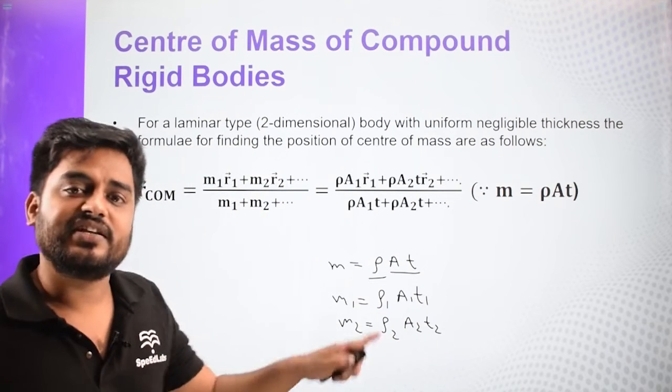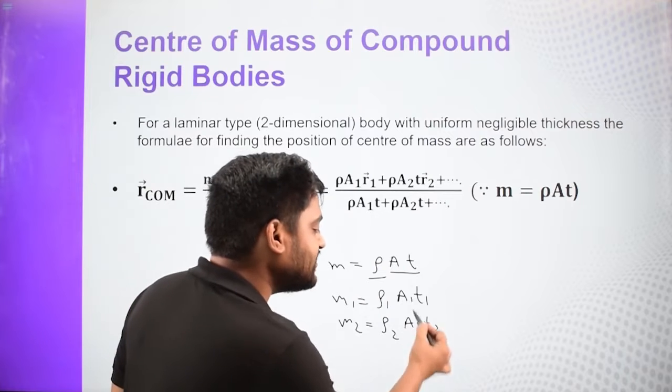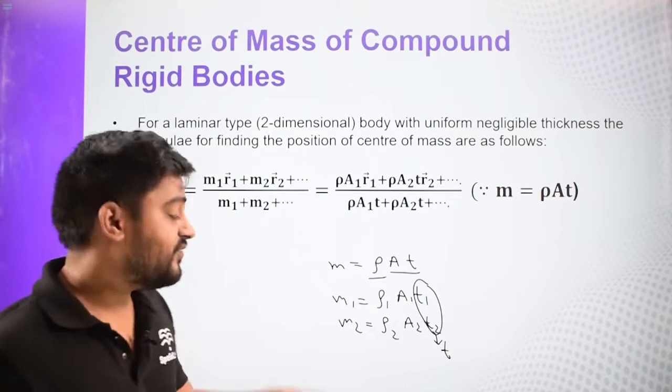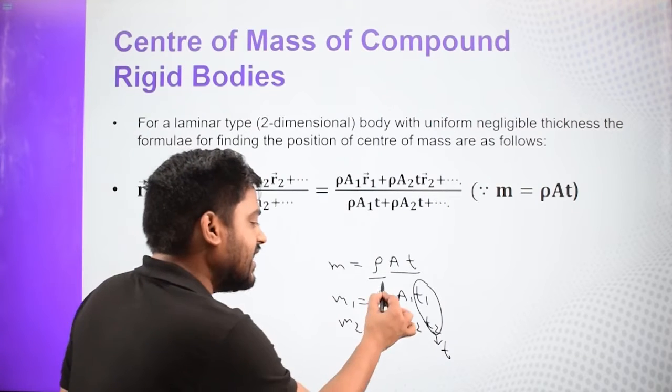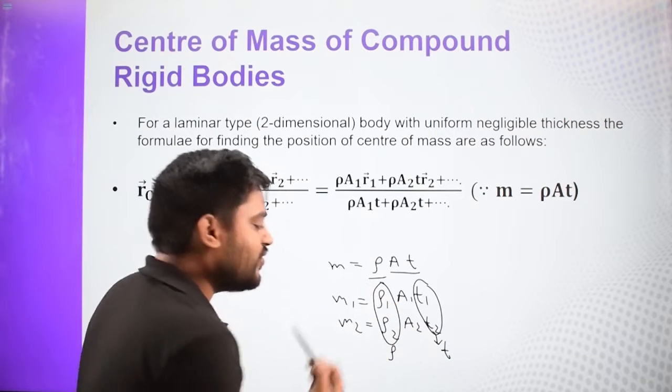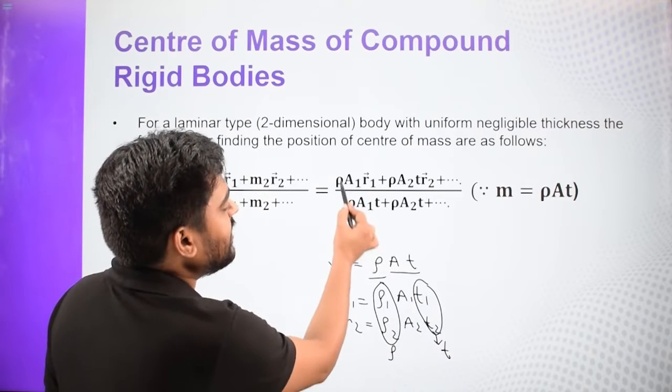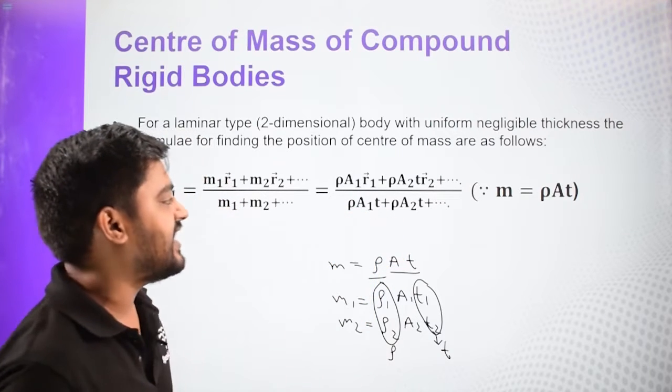If it is a sheet of equal thickness, then all these T1, T2 can be replaced by a single T. And if the densities are also the same, then all these can be written simply as rho, the density of the entire lamina. So all these rho can be cancelled out and all these T can be cancelled out.